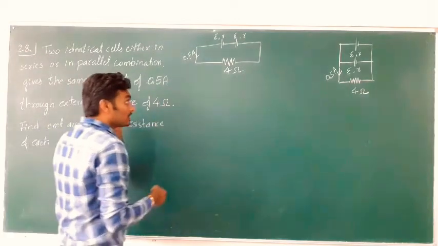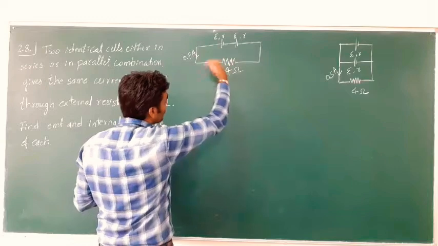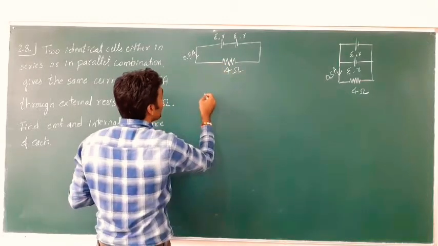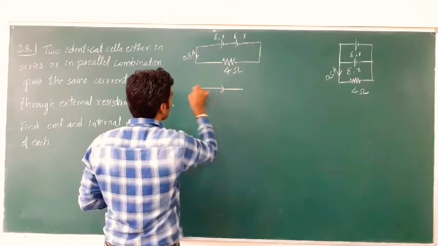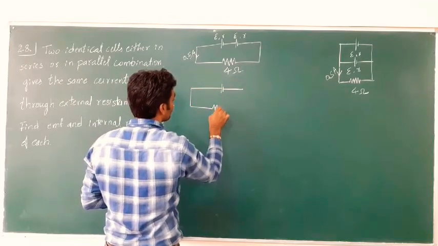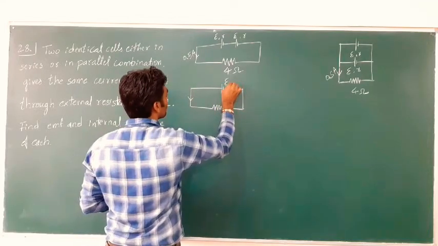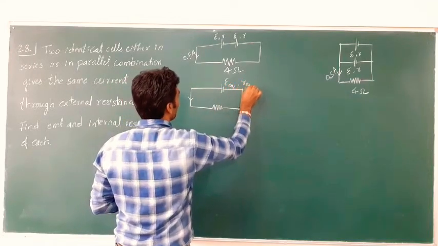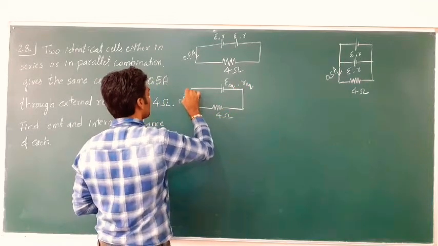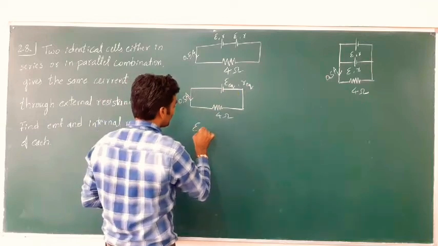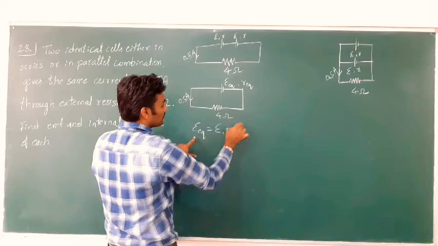Okay, first applying the combination of cells for this particular situation, we have the equivalent cell. If I write, that would be somewhat like this: E equivalent, R equivalent, 4 ohm, 0.5 ampere, right? So what is E equivalent equal to? E equivalent equal to E1 plus E2, right?